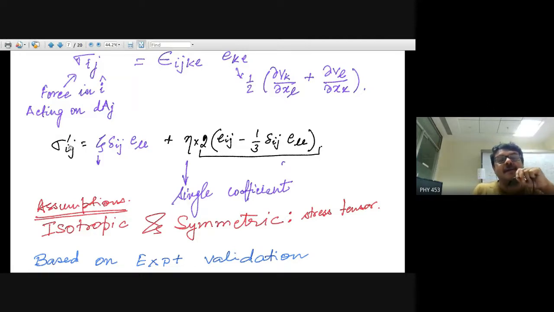So the viscosity stress tensor sigma dash primarily depends upon a single coefficient called the viscosity of the fluid, and the stress tensor depends on the symmetric part of the velocity gradient tensor, which does not contribute to volume change as it flows.